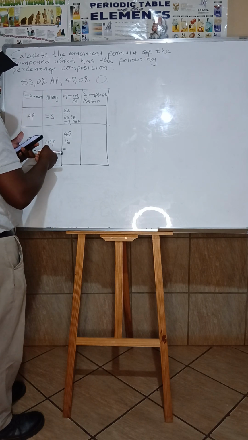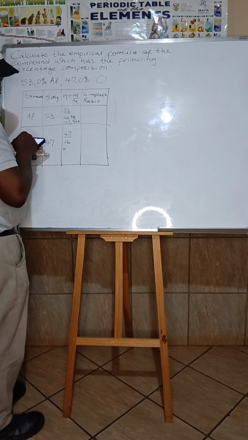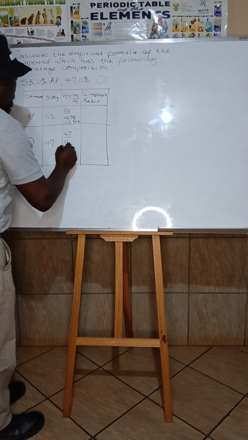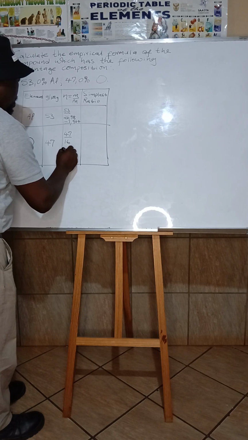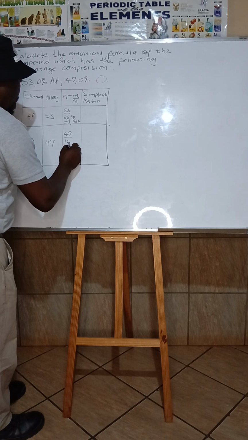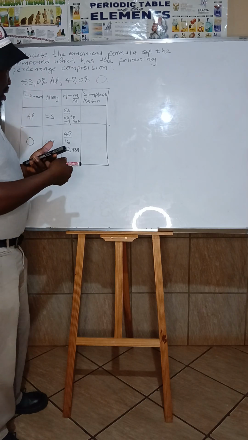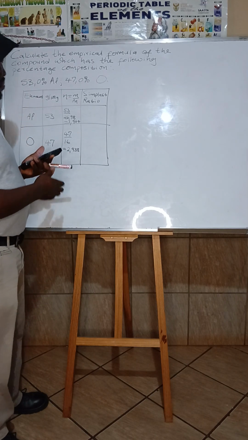For oxygen, we have 47 divided by 16. And the answer is 2,938 when you round it off to 3 decimal places.